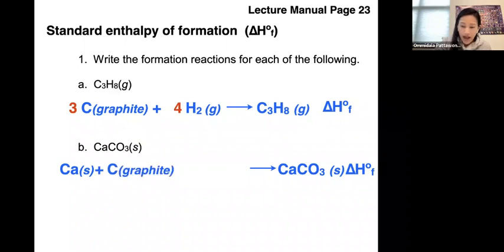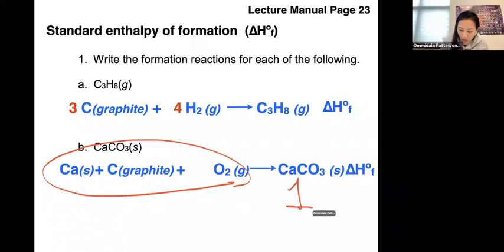The carbon that has the 0 value is going to be carbon graphite. And then we have oxygen O2 as its standard state. So in this case, all you need to do is make sure that all of these add up, giving you 1 mole of this one.